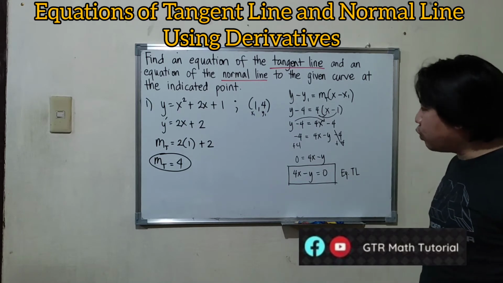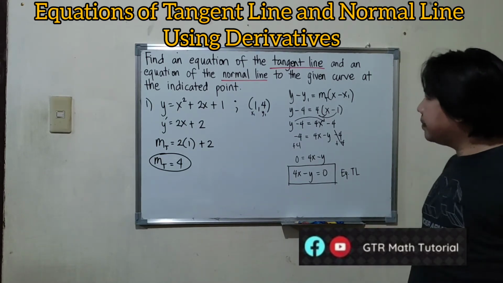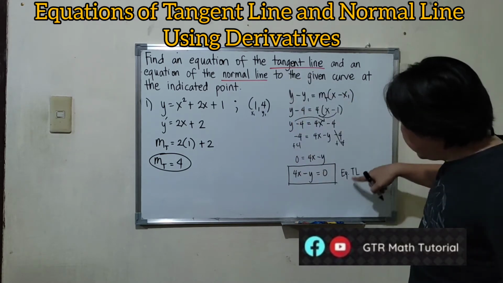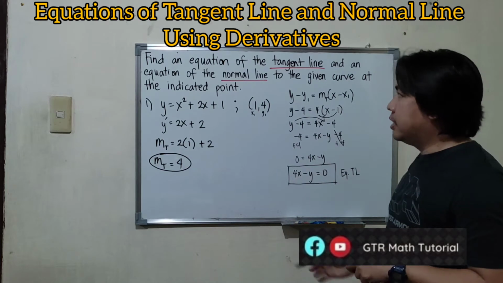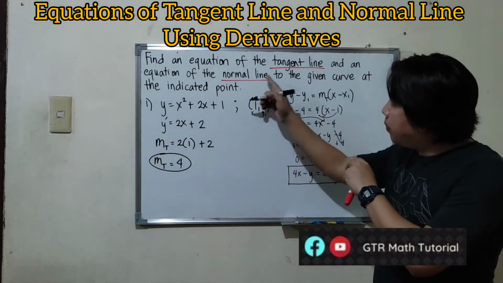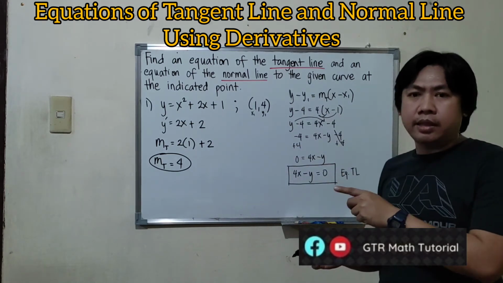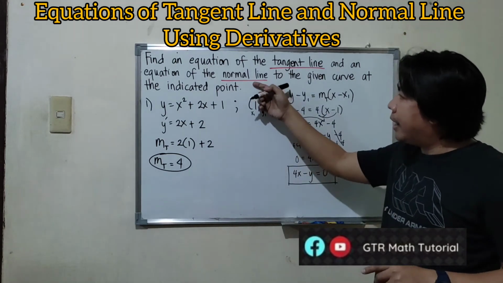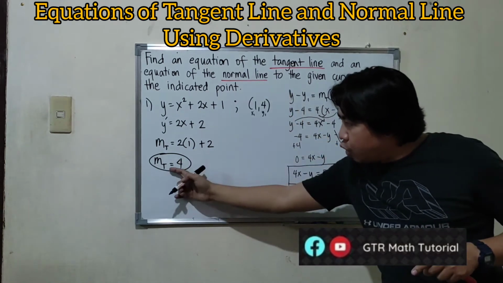So how do we find the equation of the normal line? The tangent line and normal line are perpendicular to each other. Since they are perpendicular, the product of their slopes is equal to negative 1, or the slope of the normal line is the negative reciprocal of the slope of the tangent line.